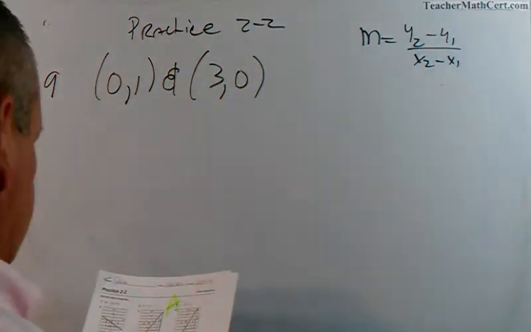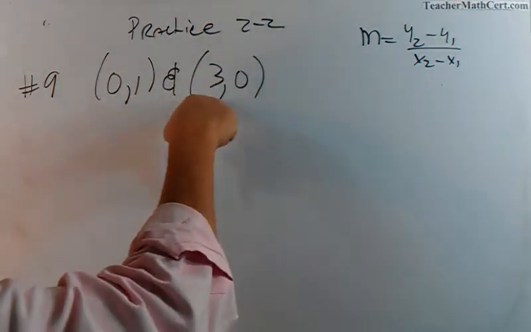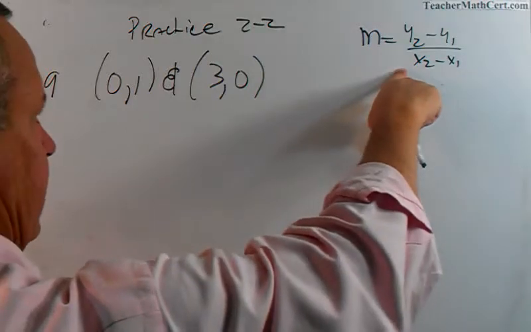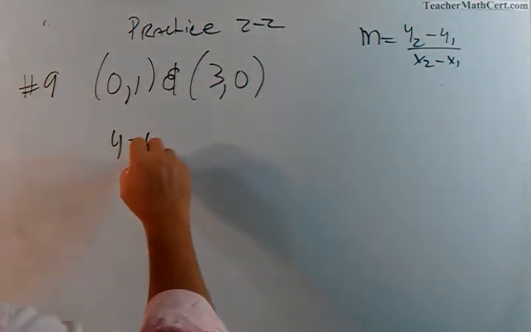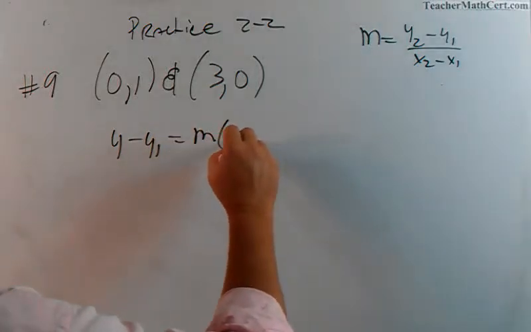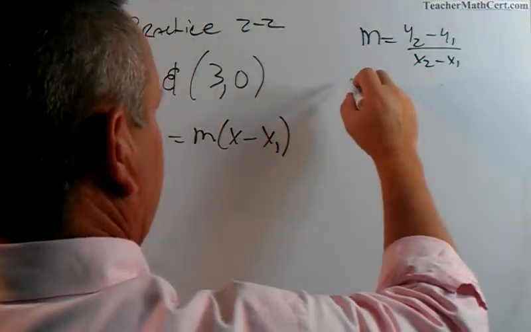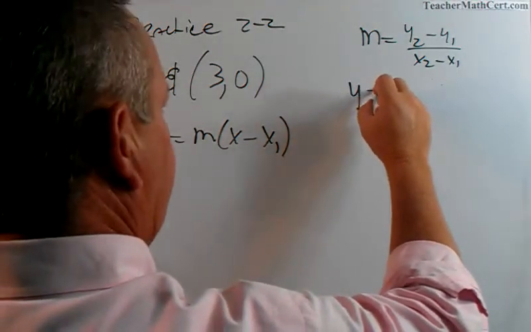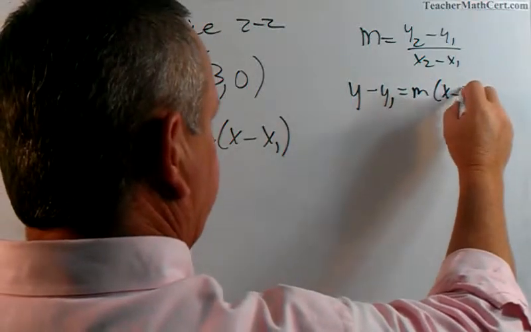Hunter, what is that? We have a point, and how do we get the slope? So the point slope form is y minus y sub 1 is equal to m times x minus x sub 1. I'll rewrite that up here. Point slope form is y minus y1 is equal to m times x minus x sub 1.